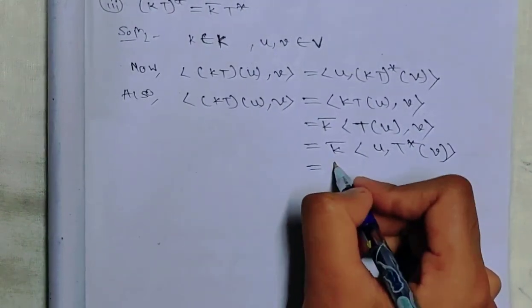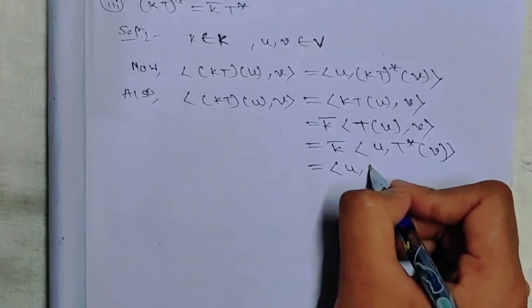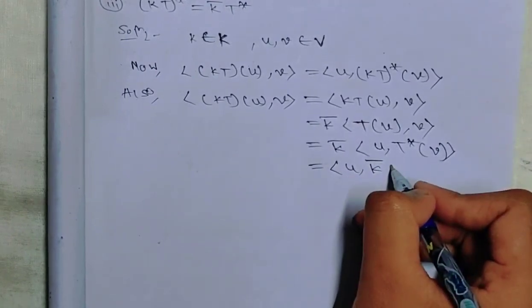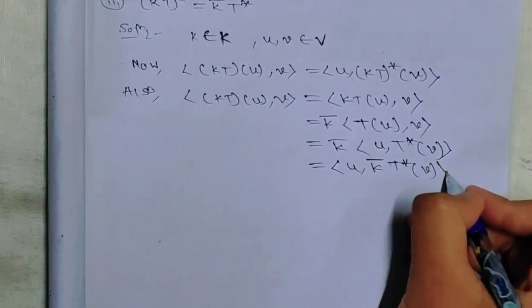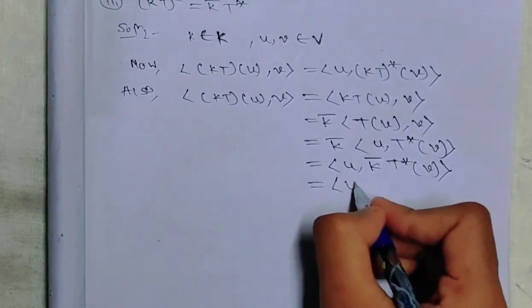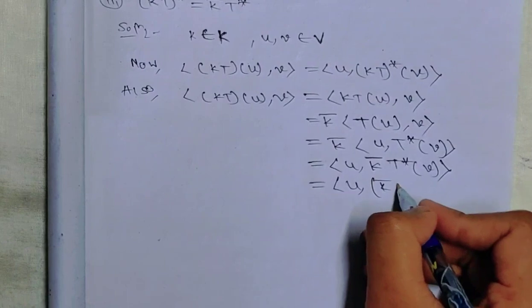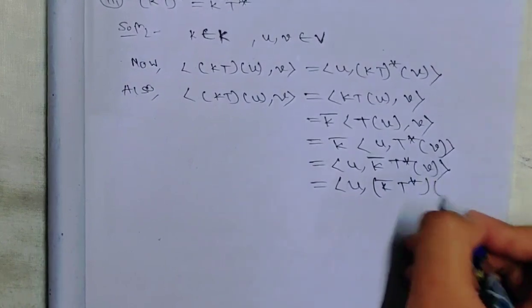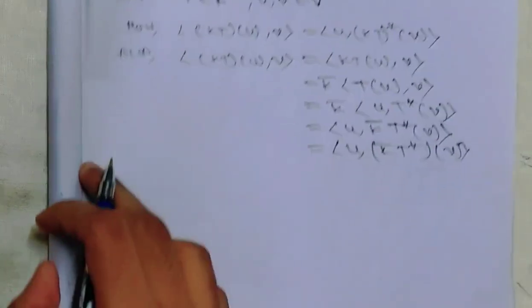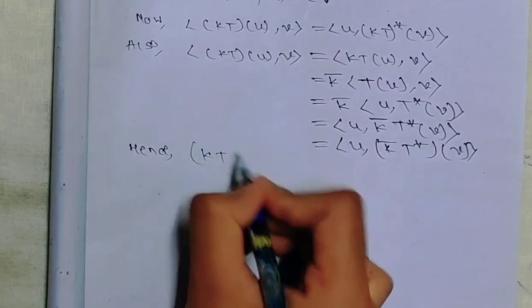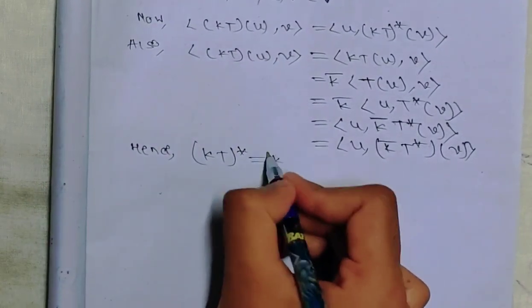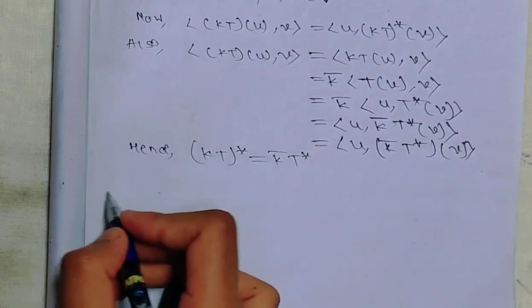This equals u comma k bar T star of v. Hence (kT) star equals k bar T star, proved.